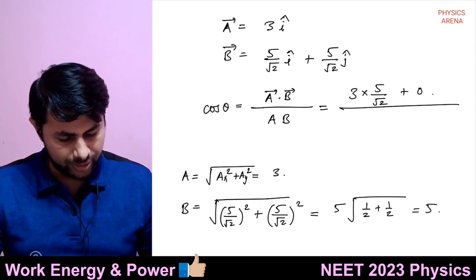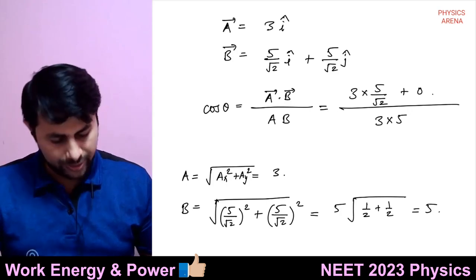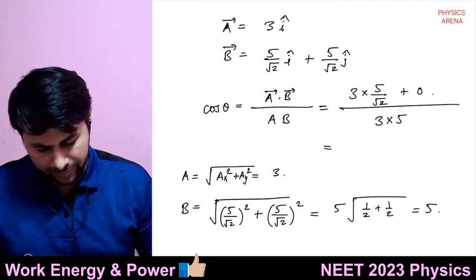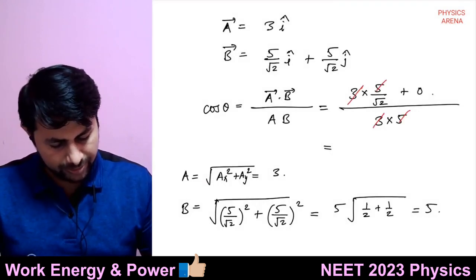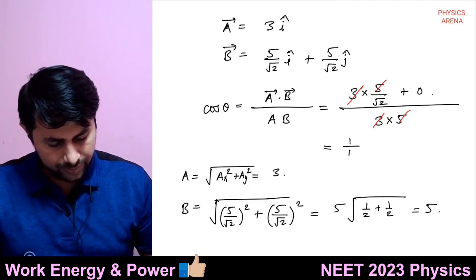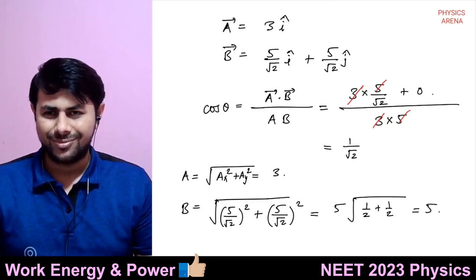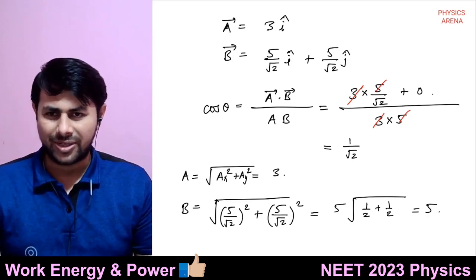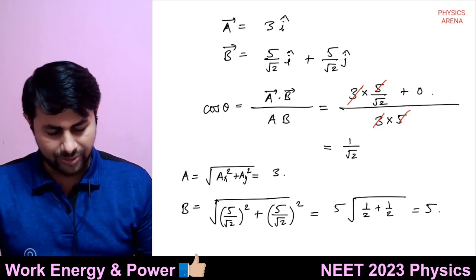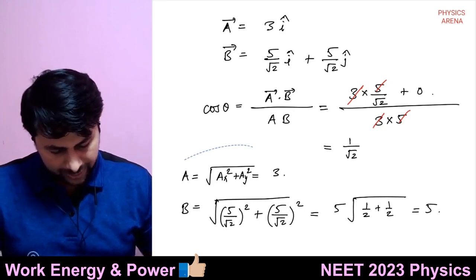Okay, so the magnitude is 5. So it is 3 multiplied by 5 in the denominator, so 3 times 5 gets cancelled out. So you have 1 upon root 2. Now tell me, how much is the angle? 45 degrees, because cos of theta is 1 upon root 2. The angle between a bar and b bar is 45 degrees.